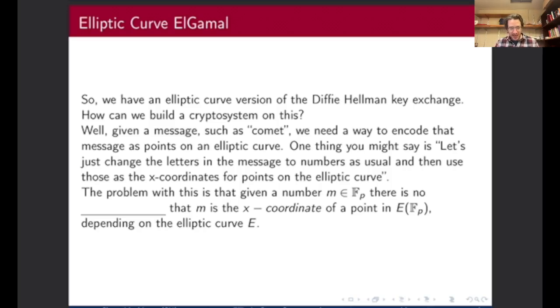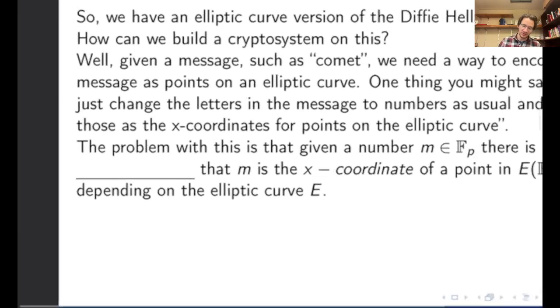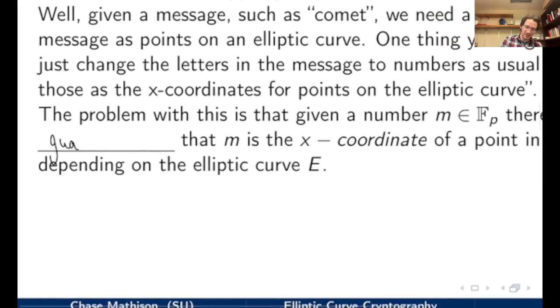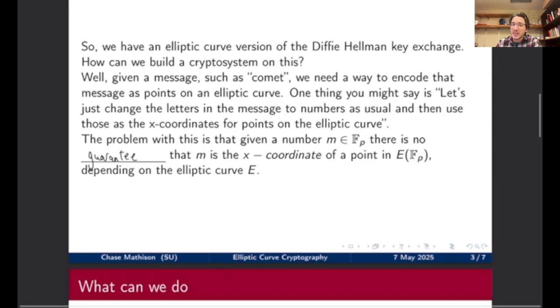The problem with that is that if you give me a number M in FP, there is no guarantee that M is the x coordinate of some point in E of FP, depending on the elliptic curve. So that's kind of an issue even with the blocking idea.